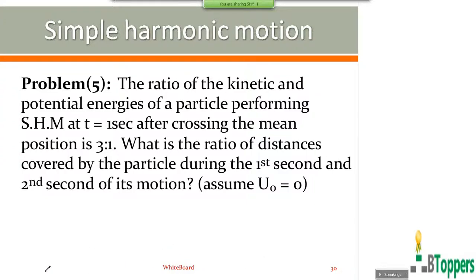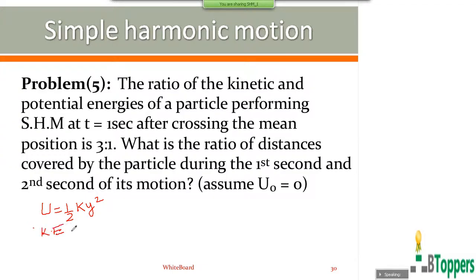That means U naught represents the potential at the mean position, which is to be taken as 0. So if the potential at the mean position is taken as 0, then the potential energy of the particle at the instant when it is at a distance y from the mean position is given by half k y square, where k is the force constant of the oscillations.